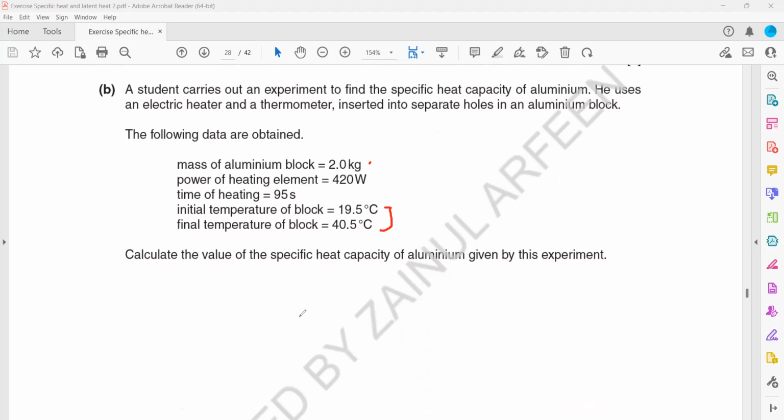So remember, whenever the temperature changes, energy is Cm delta T. But because you are using a heater, for an electrical heater this energy is power into time. So we can say P into t is equal to Cm delta T. We have the power, 420, and the time, 95 seconds.